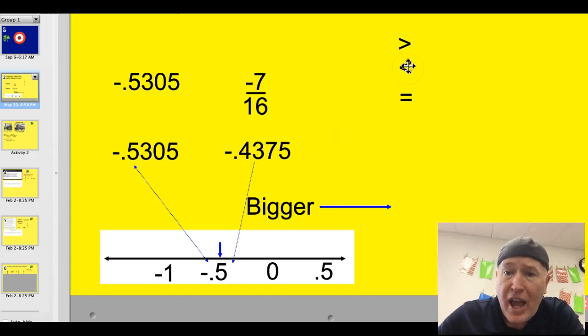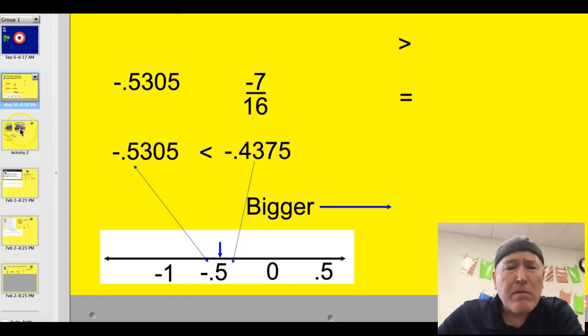So this is actually larger. Negative 0.43 is greater than negative 0.5305. So the way you would read this inequality is negative 0.5305 is less than negative 0.4375.